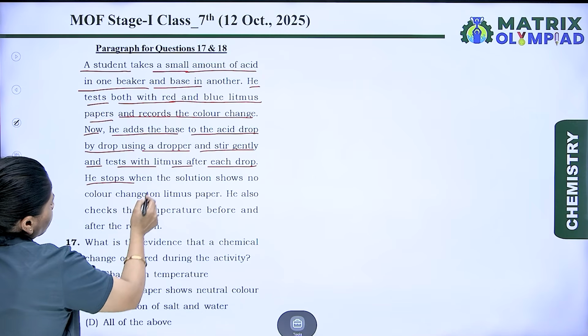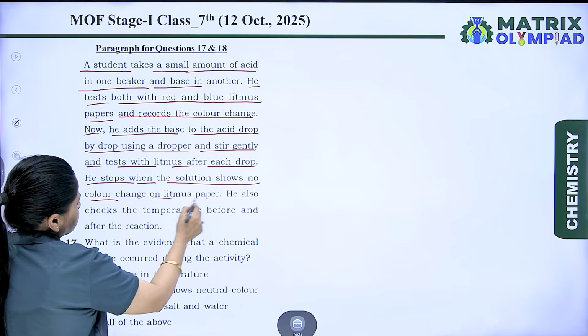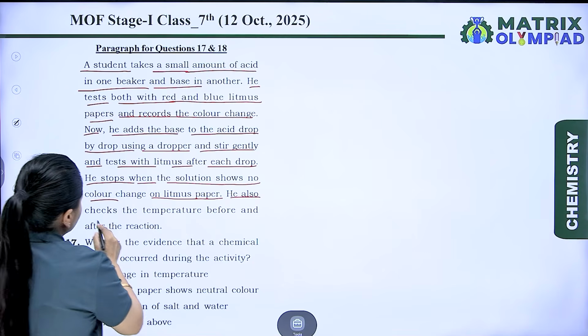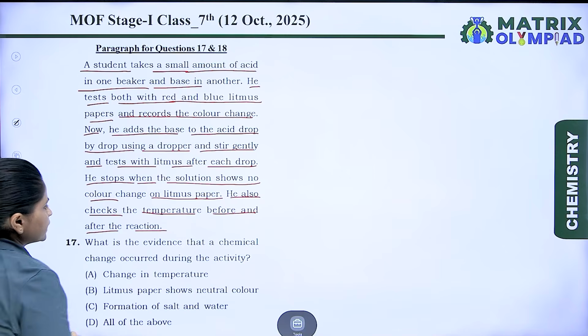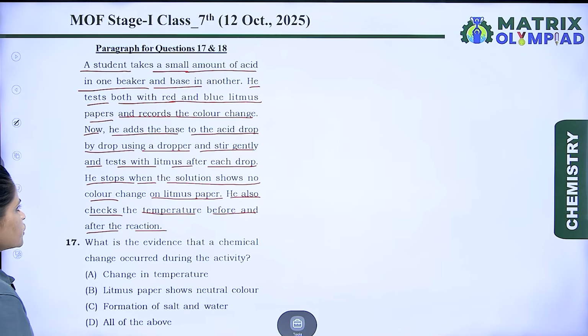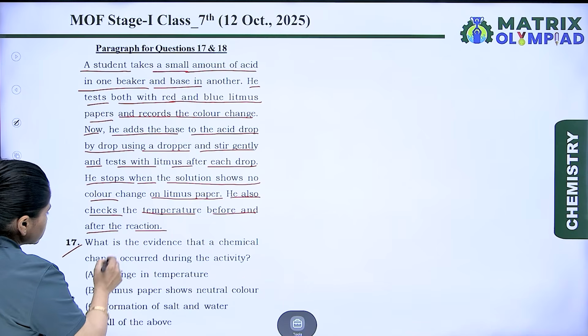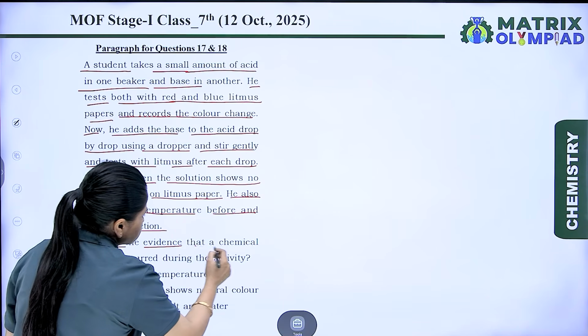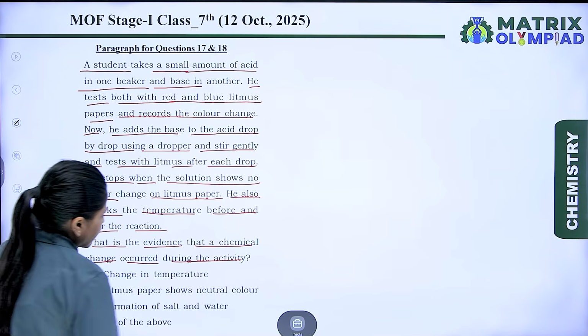He stops when the solution shows no color change on litmus paper. He also checks the temperature before and after the reaction. This is a test of acid and base. Question 17. What is the evidence that a chemical change occurred during the activity?